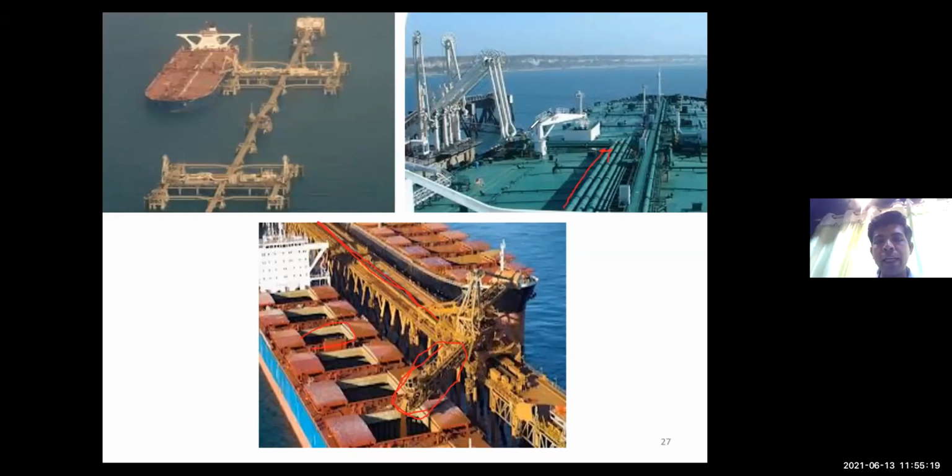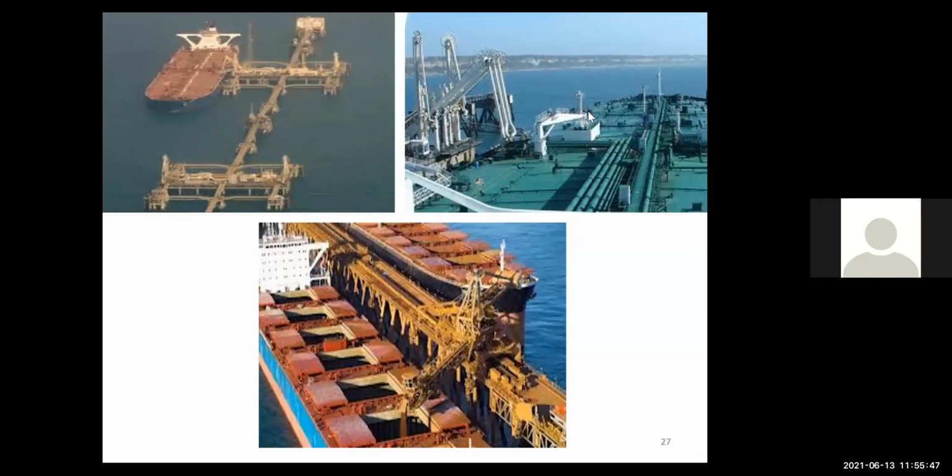And I was talking about the loading. Here you can see these white cranes. They have got the oil hose, and here there is a manifold connection, where the pipes are connected to the ships for loading or unloading purpose. Clear enough?